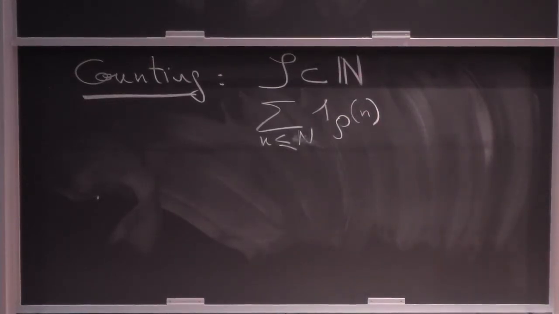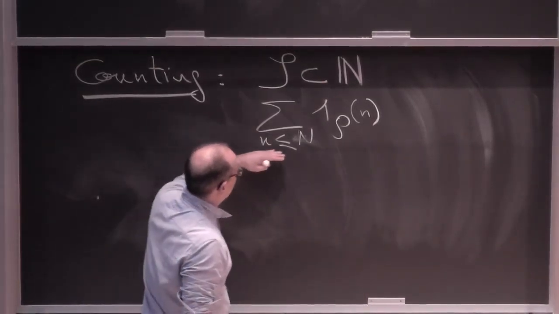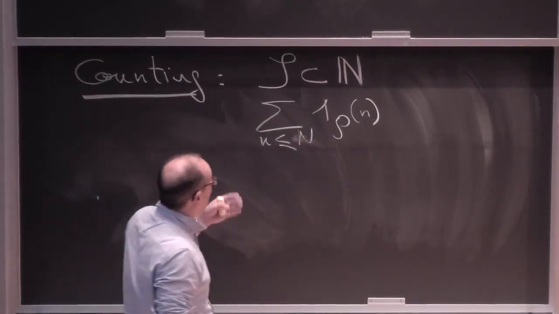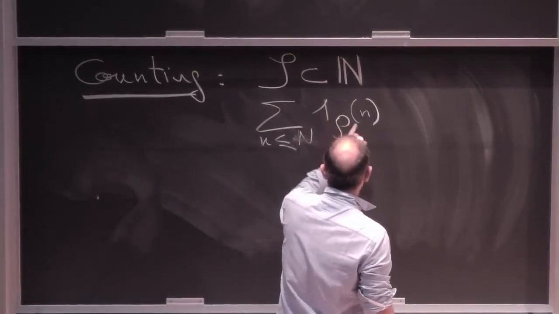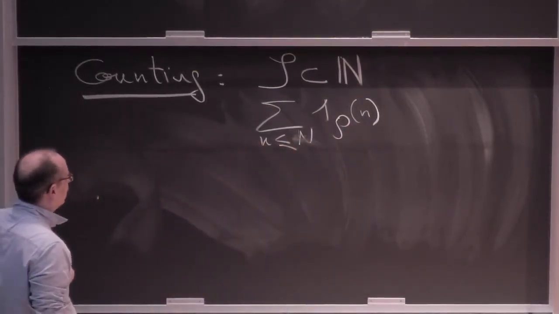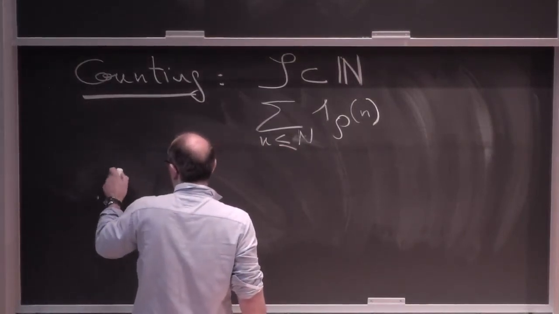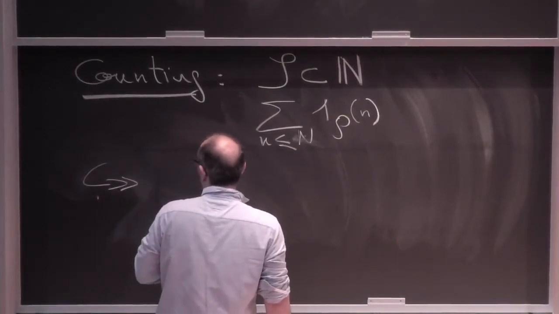So you want to be able to count the partial sum of the characteristic function. In fact, sometimes it's better not to count characteristic functions exactly, but some other objects.